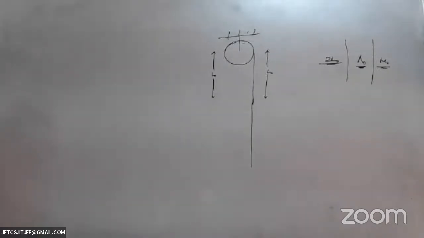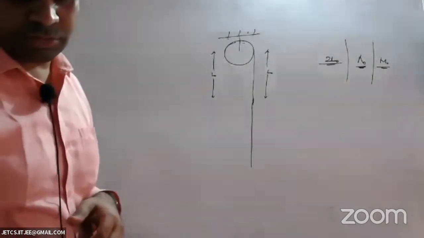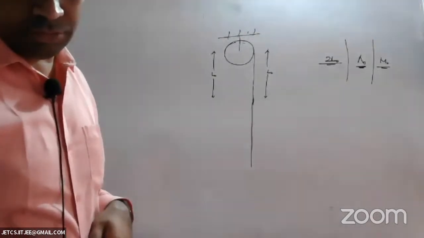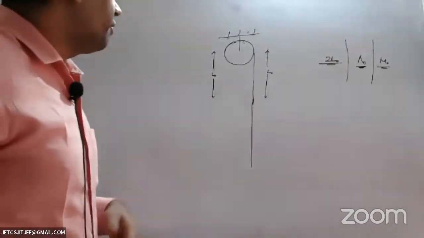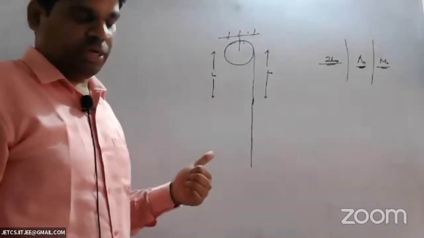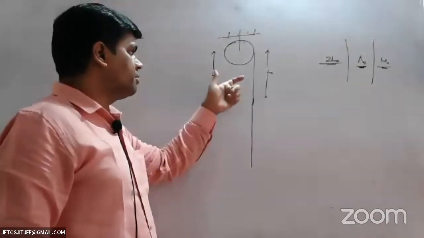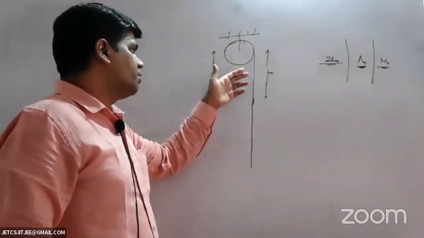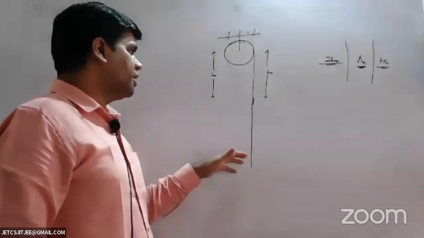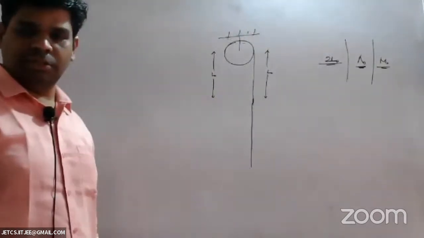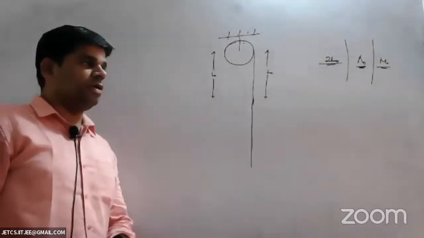You need both velocity and time: the velocity of the rope when the configuration changes to this one, and the time after which this will change. That's the question we have got.